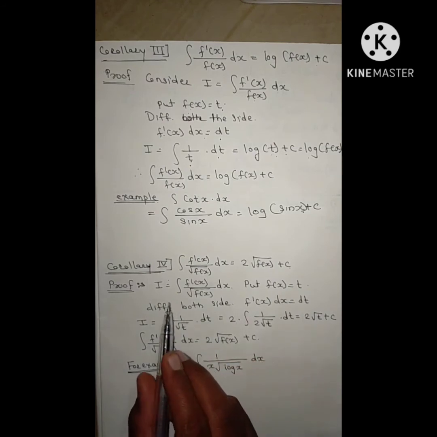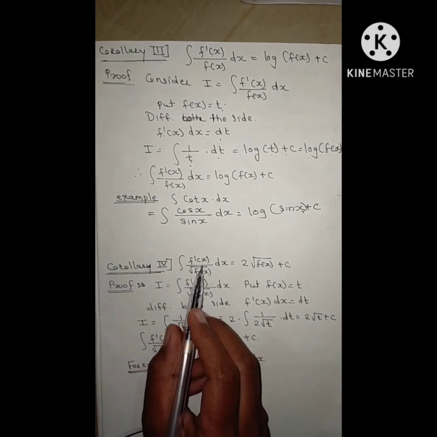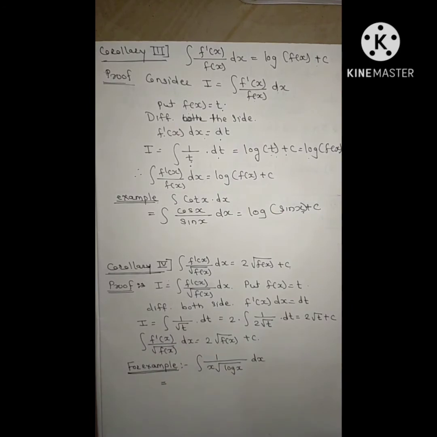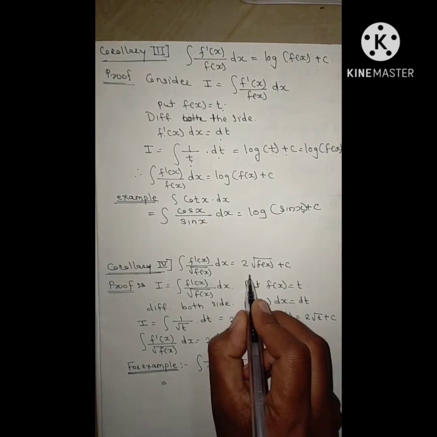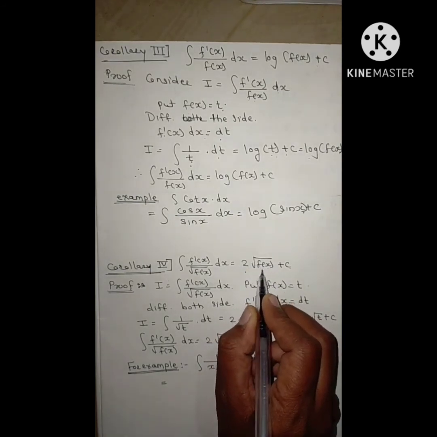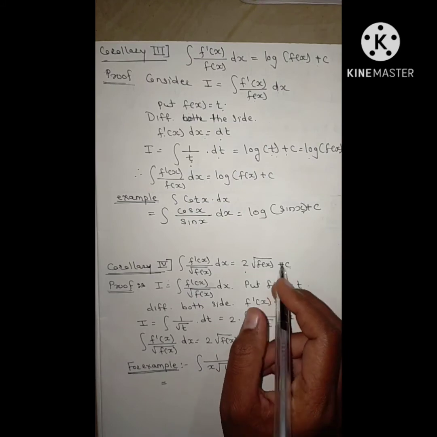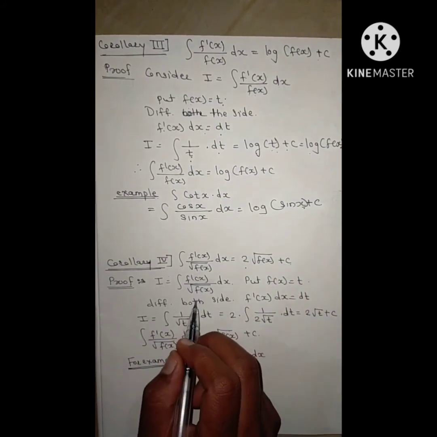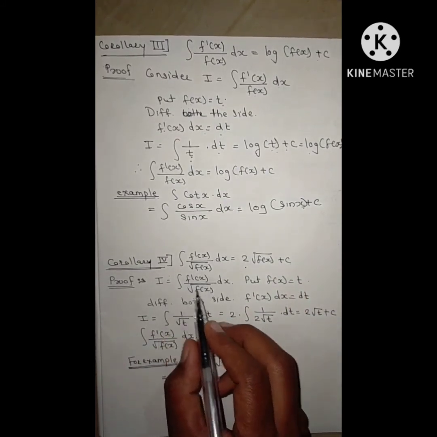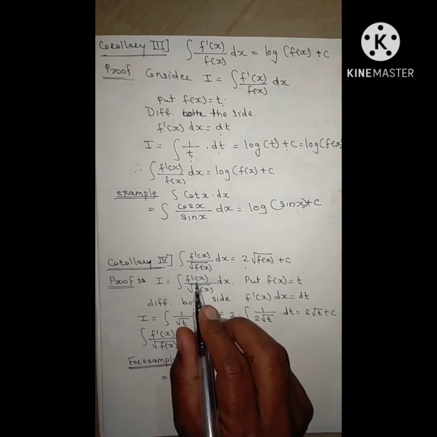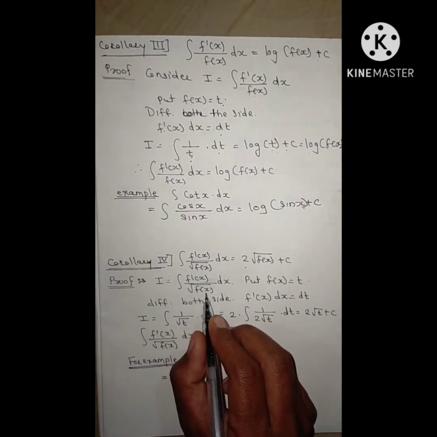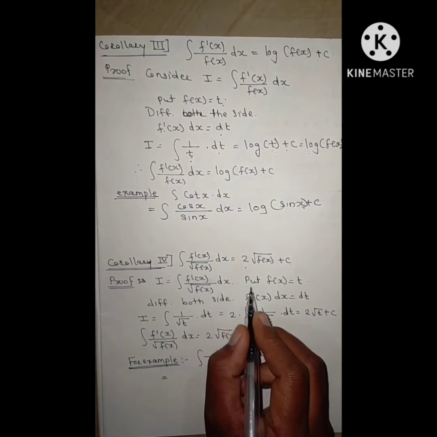Next, corollary number 4, integration f dash x divided by under root f of x dx, which is equal to 2 into under root f of x plus c. Proof of this corollary is I is equal to integration f dash x divided by under root f of x dx.